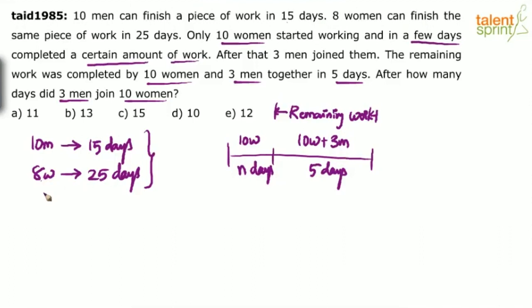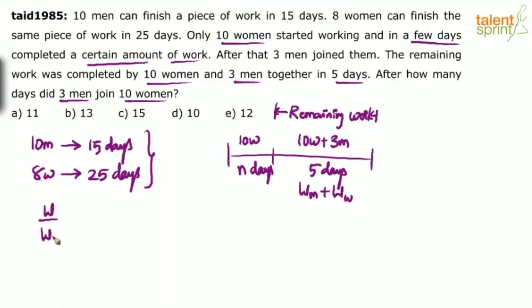So we can say it is like this. Let us assume 8 women can do a piece of work in 25 days. So let us say this is W_M, work done by women plus work done by men, right?